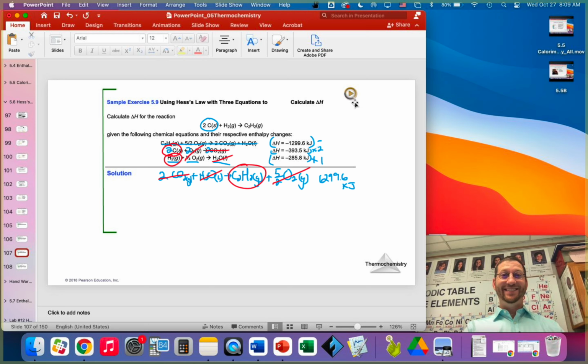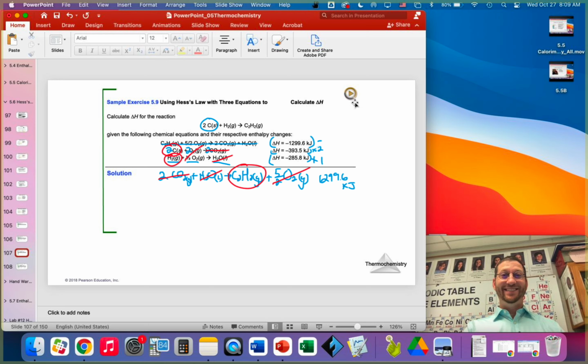So now we simply have to add these together. Negative 400 times 2 is about negative 800. Negative 800 plus another 200 would be negative 1,085. We'll just say negative 1,100. Negative 1,100 plus 1,300, I'm thinking the answer is around 200 kilojoules.